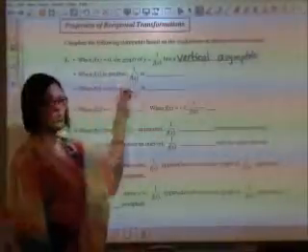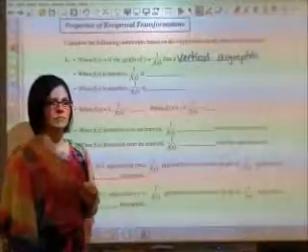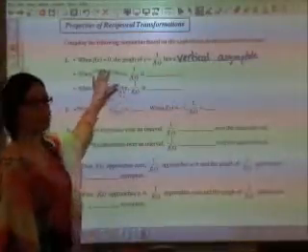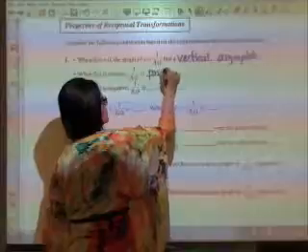When the original function is positive, the reciprocal function would be, so in other words, if f of x equals 4, what does 1 over f of x equal? 1 over 4, which is positive. So when the original function is positive, the reciprocal would also be positive.